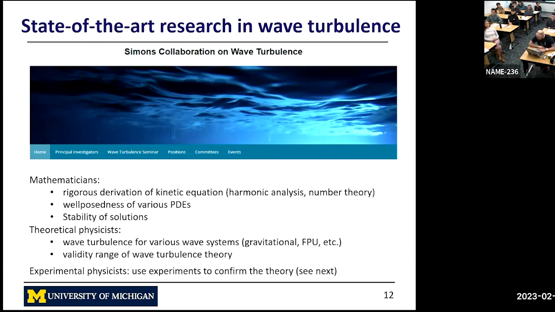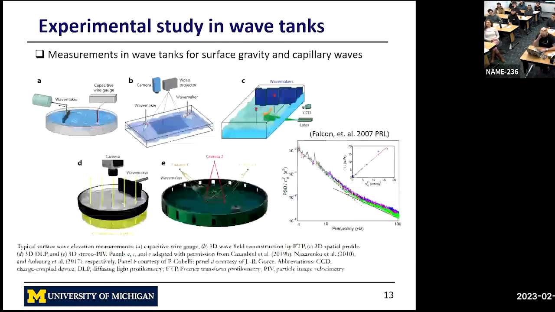Okay, so I'm going to tell you a little bit about what experimental physicists are doing, which is more interesting, I think. So this is something that appeared in an Annual Review of Fluid Mechanics paper. Basically, these are wave tanks where we do experiments to observe the Kolmogorov-Zakharov spectrum. You see that they all have different shapes and different wave generation mechanisms.